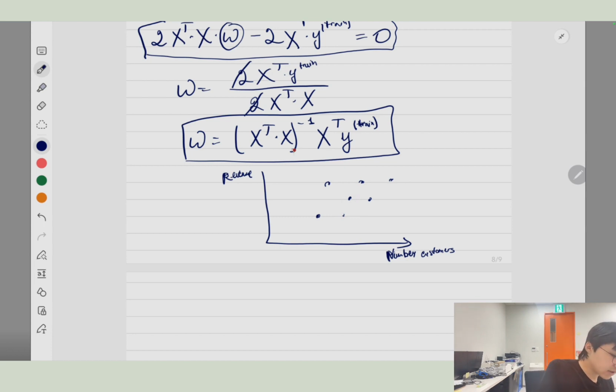What we are doing now is drawing a line which will perfectly fit, and the distance error between each row will be minimum, optimal. To find this line, we proved that if we find this weight from this equation, then we can use it.